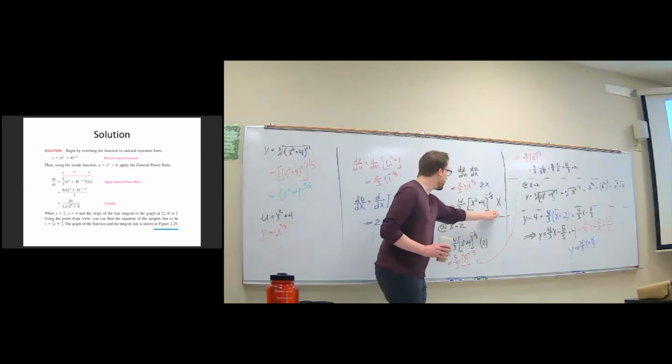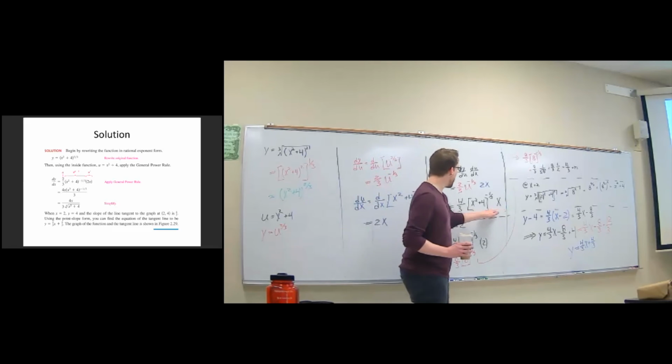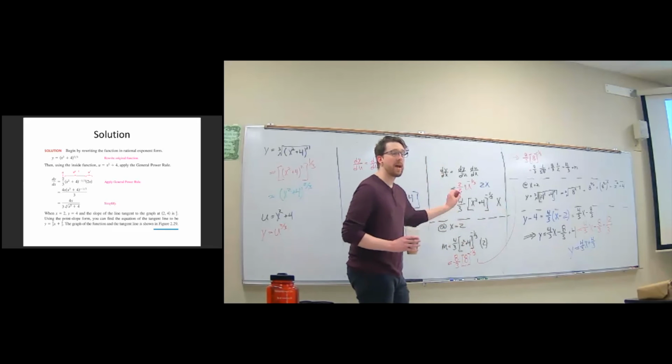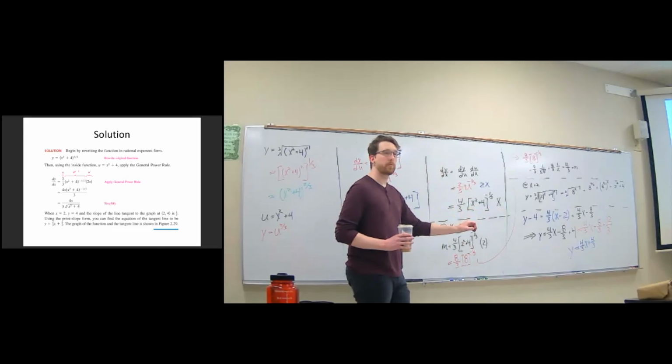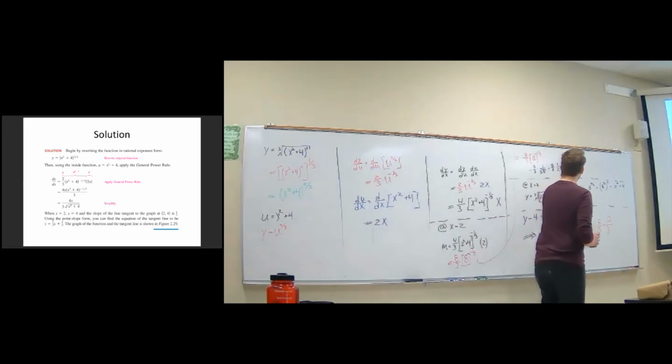Well, this is the general equation for the slope of our tangent lines, right? So since we want to find the tangent line at x equal to 2, all we have to do is plug in 2 here. We've got the slope of the tangent line at that spot, right? So we did that. We found that the slope was equal to 4/3.